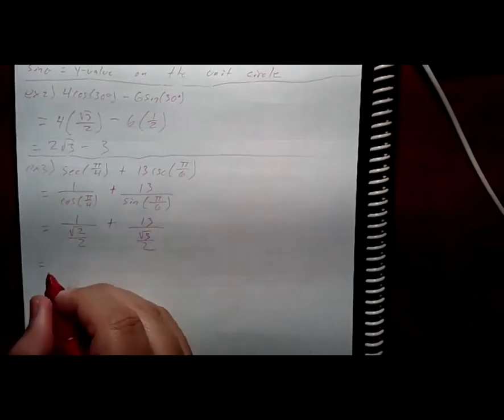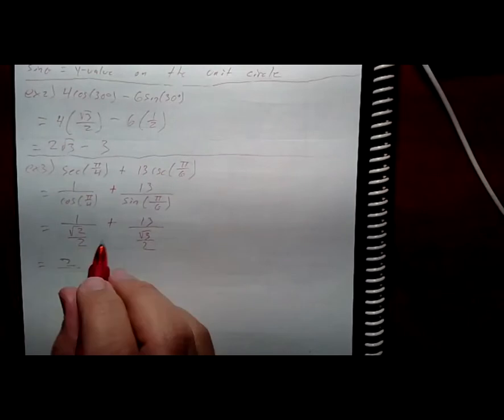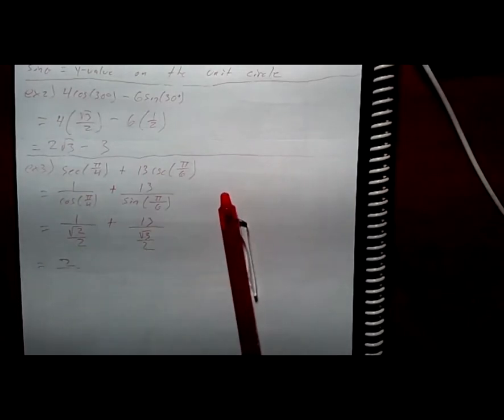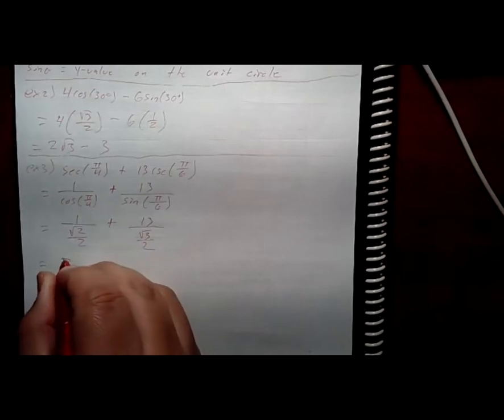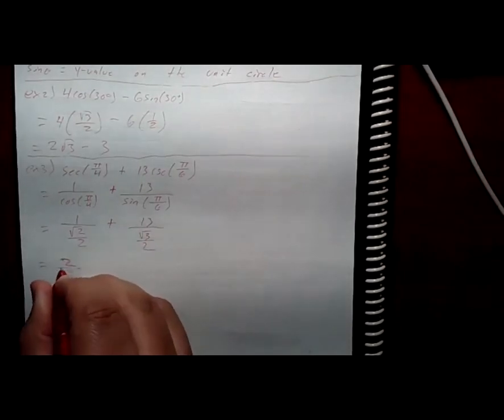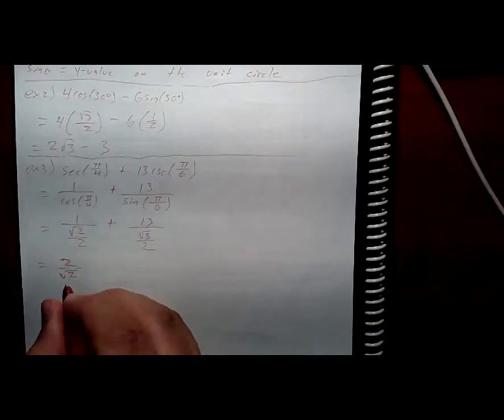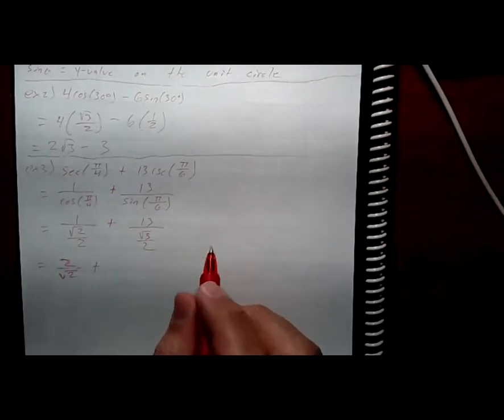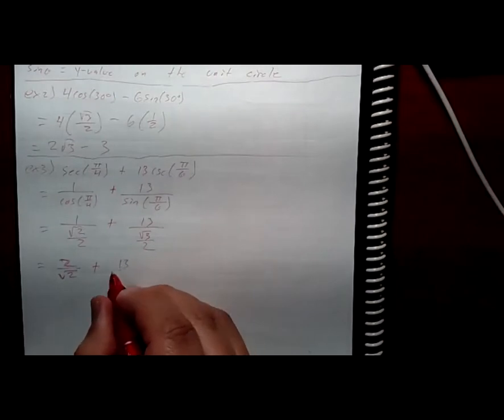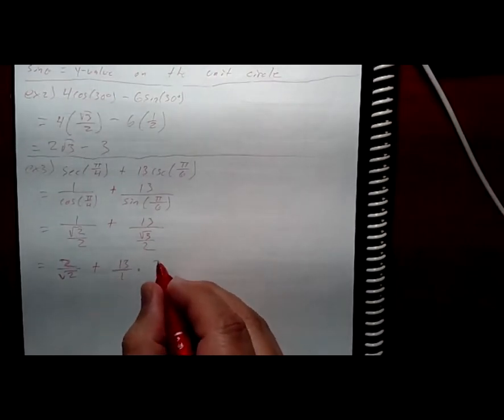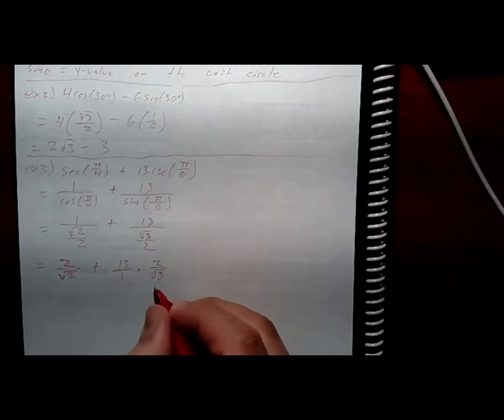And now we just got to do a little algebra. 1 over that, we'll flip it over to 2 over square root 2. Plus, flip that over, that'll be the same as saying 13 over 1 times 2 over root 3.